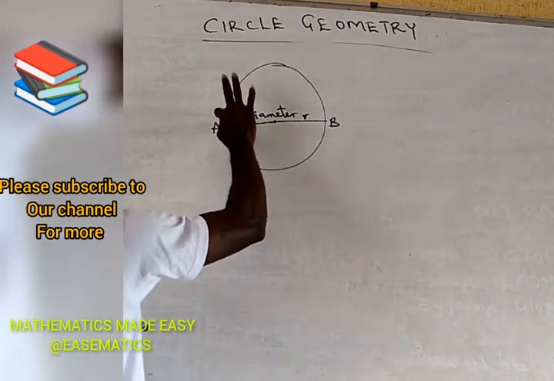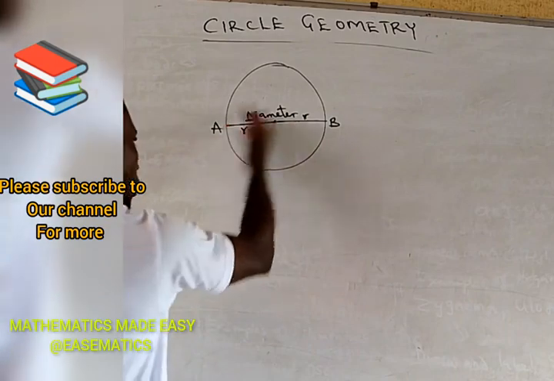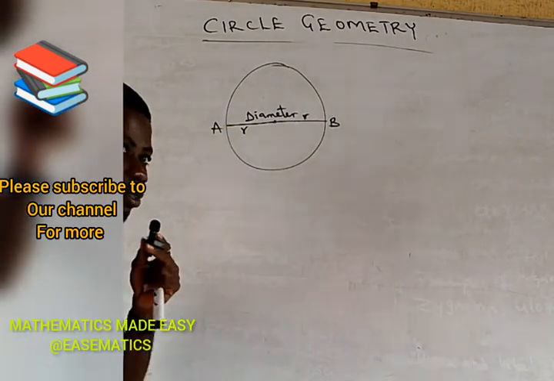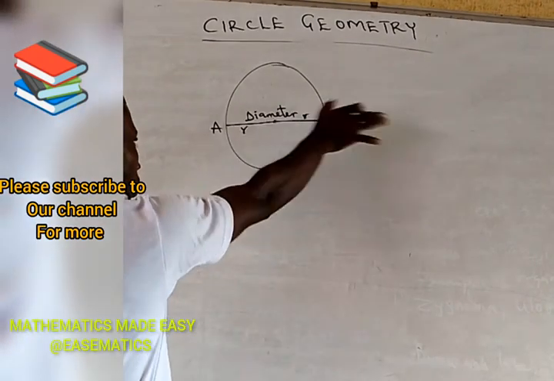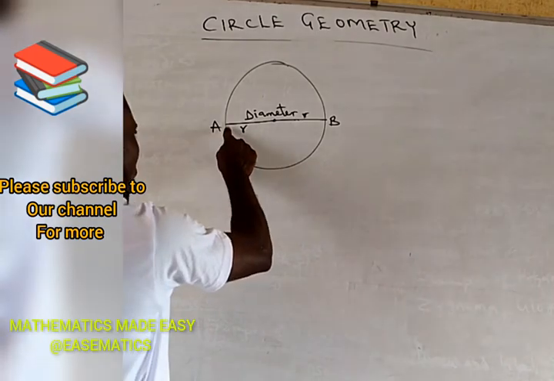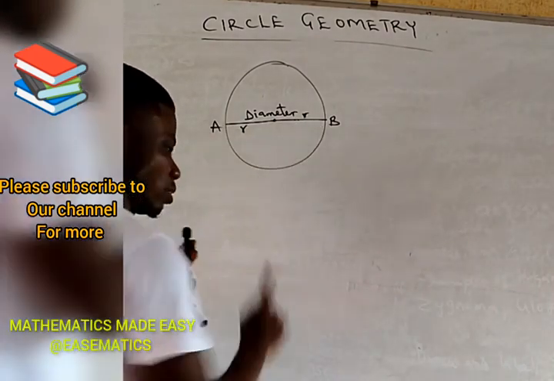But when the line runs from one end of the circumference to another, passing across the center of the circle, we call that line the diameter. In this case, you can see that the diameter is just made up of a radius and another radius.